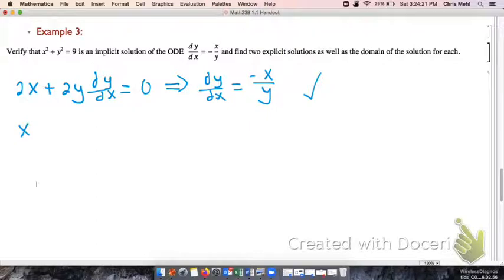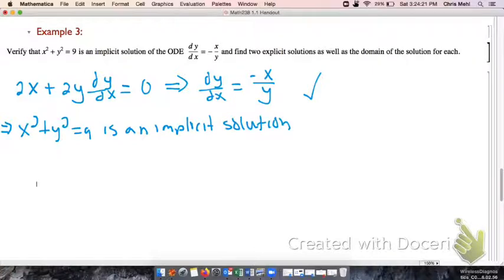So this means x squared plus y squared equals 9 is an implicit solution of the differential equation dy dx equals minus x over y. Okay.